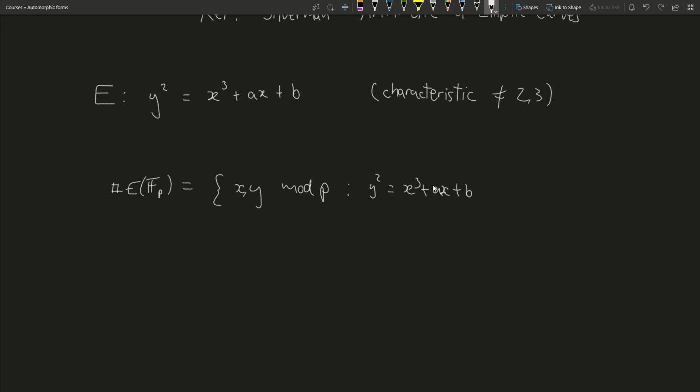So we're counting the number of points on this elliptic curve, where p is not equal to 2 or 3.